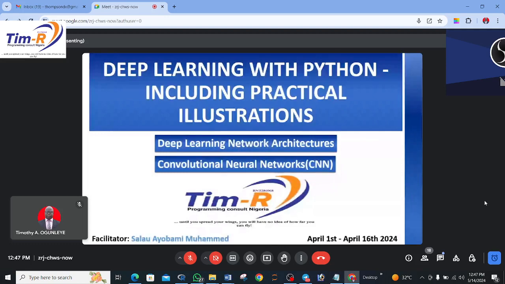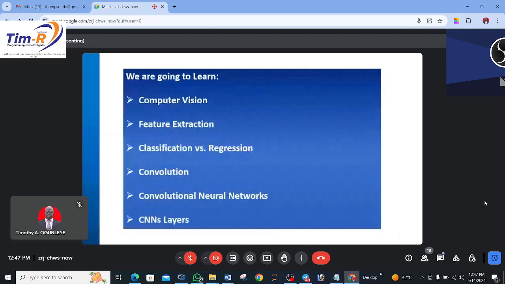So we're going to learn about what computer vision is, because basically CNN is used for computer vision projects. I'm going to talk about convolutional neural networks and CNN layers.